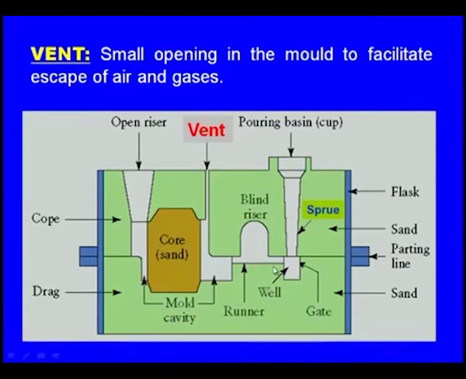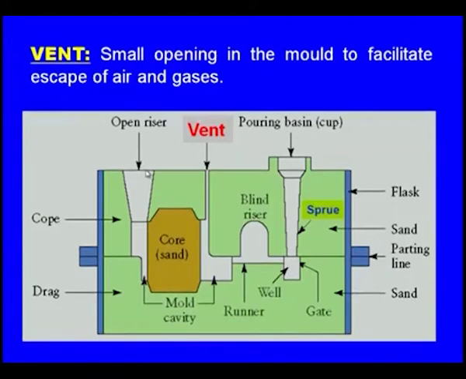As soon as the molten metal enters into the cavity, the moisture in this moulding sand evaporates. Immediately it turns into steam. As we keep pouring the molten metal, the steam escapes through the riser. But within seconds of time, the full cavity including the riser will be filled with the molten metal.